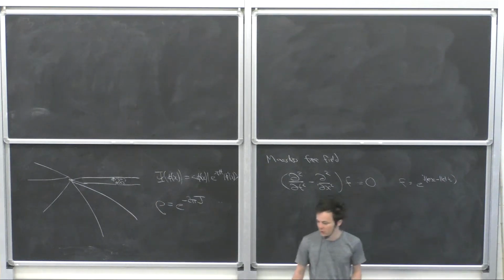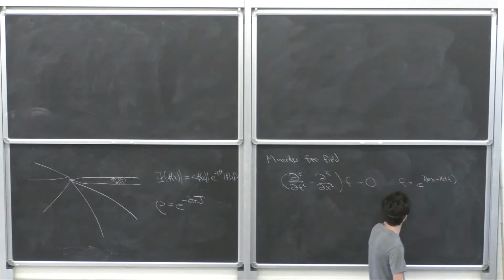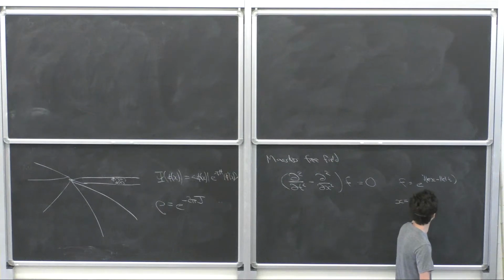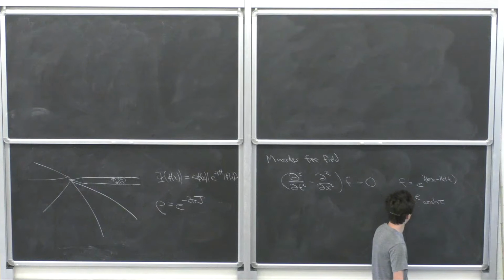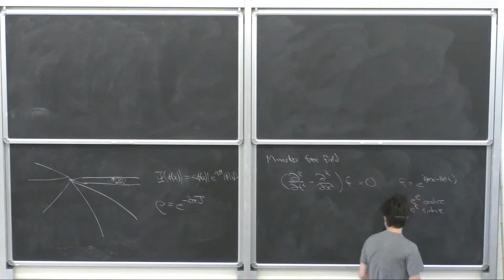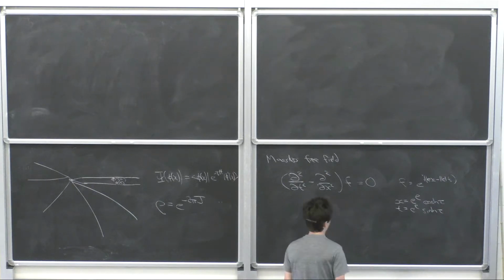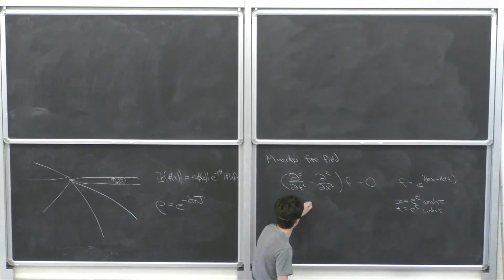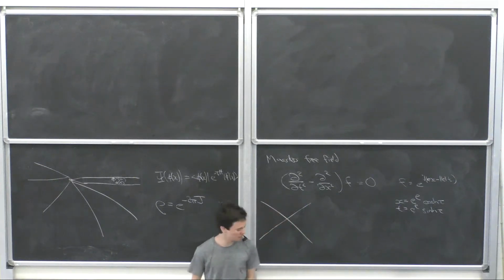So what are those modes? Well, they're called Rindler modes, and to find them, it's helpful to change coordinates. It's a pretty simple coordinate transformation, what are called Rindler coordinates, rho and tau. Let me draw down here. We have Minkowski space with a light cone going out from the origin.